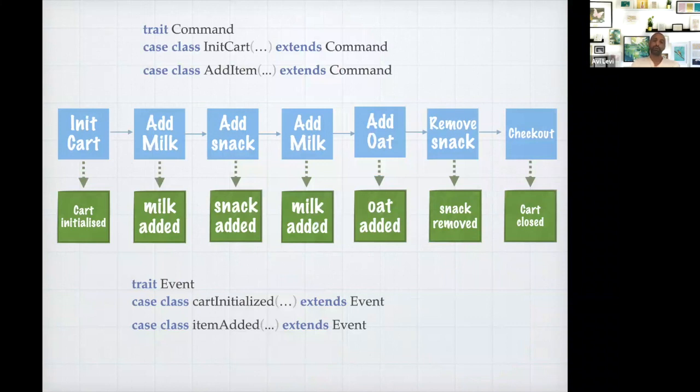Okay, so let's talk a little bit about event sourcing. We divide what we do into two kinds of things, commands and events. A command is something that we request to do, and it can fail or succeed.